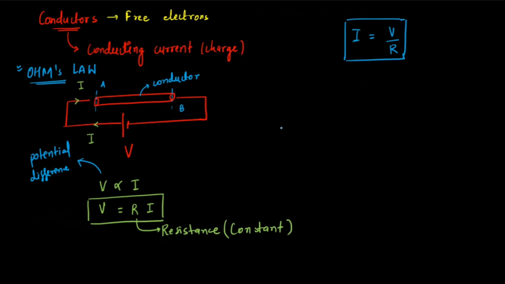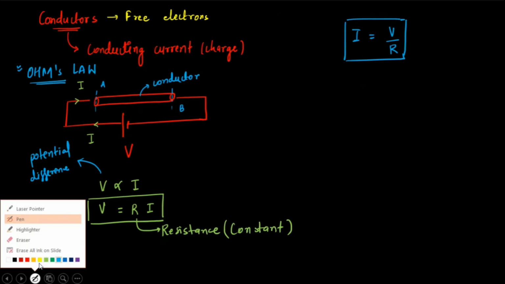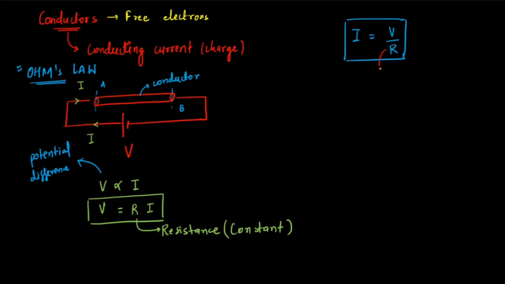Now, we have to understand more about this resistance. How can we define it? That is the question. Resistance is basically a property of a conductor which opposes the flow of current.